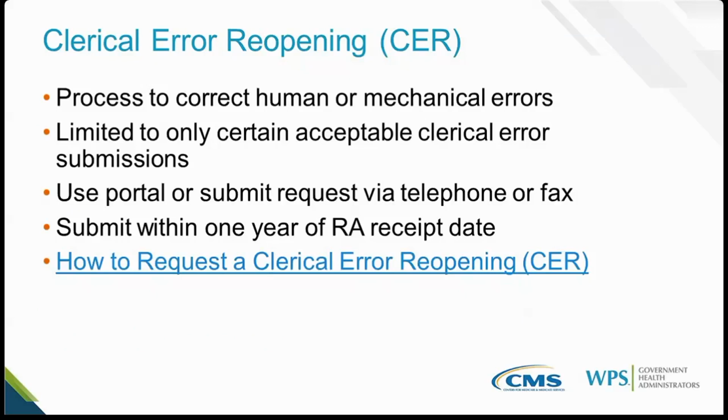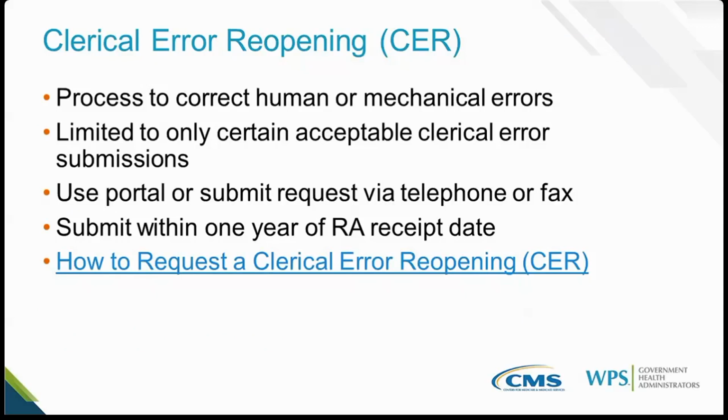And I said to you earlier that not all denials are able to be fixed using this process. Clerical errors or minor errors are limited to errors in form and content, and omissions do not include failure to bill for certain items or service. So you need to remember that.